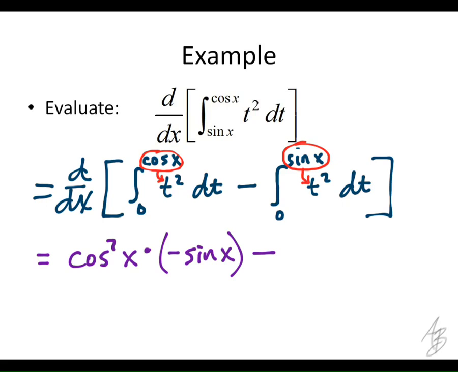What do we get? Sine squared of x times cosine of x. And then it's just a matter of simplifying.